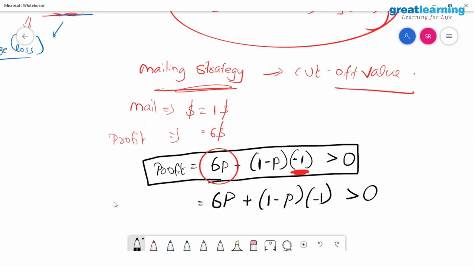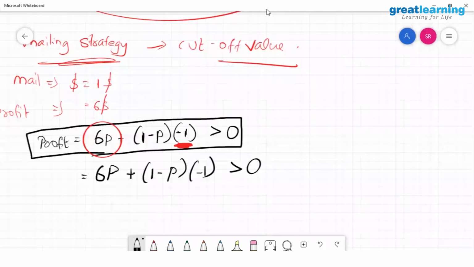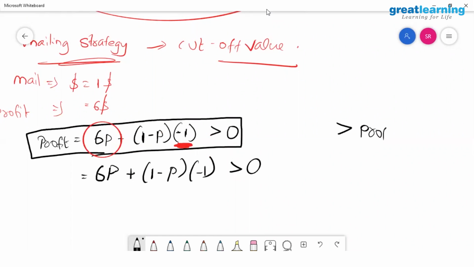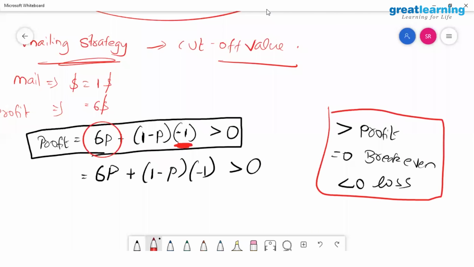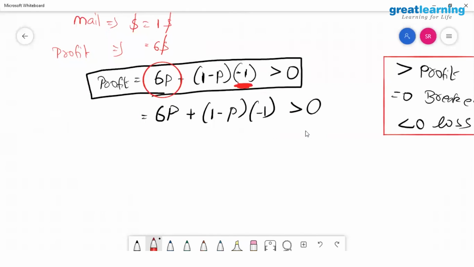So I have 3 conditions here. If it is greater than 0, it is a profit. If it is equal to 0, we'll call it break even. If it is less than 0, we'll call it a loss.